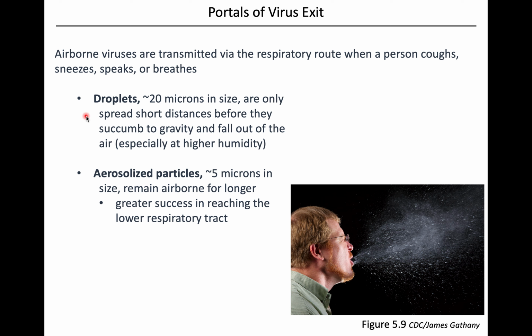Those are only going to spread a short distance. They're heavier. They're going to fall out of the air more quickly, especially at higher humidity. You see this gross picture here of the guy sneezing, right? You can see some of these droplets basically immediately falling out of the air, whereas aerosolized particles are going to be about 5 microns in diameter. These are going to stay airborne for a long time. So what you see here is basically the fine mist.